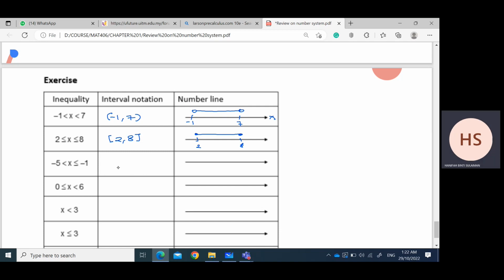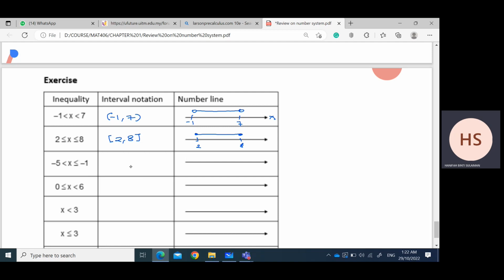Number 3, we have x greater than negative 5 and less than or equal to negative 1, where negative 5 is not included in the x values and negative 1 is included.